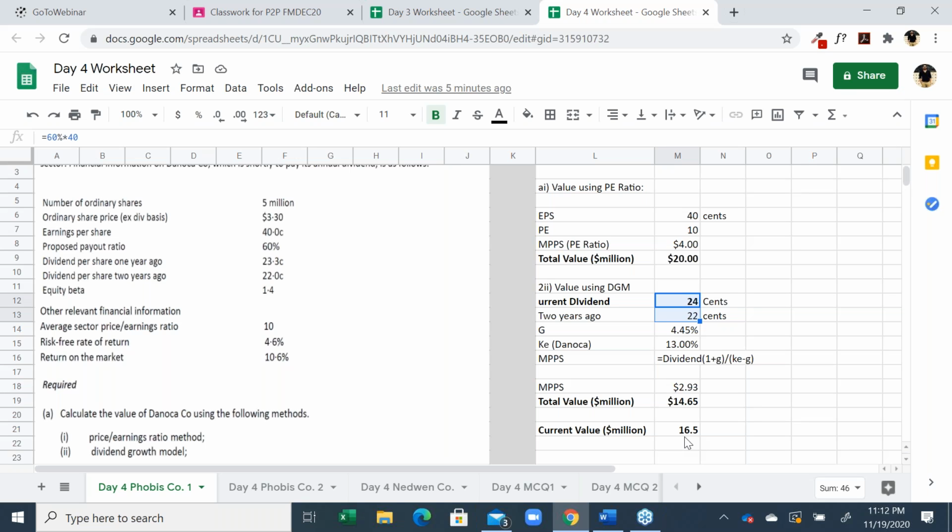The higher rent. Obviously, if you are getting a higher rent from a building, you will place a higher value on that building. It's a very simple formula.